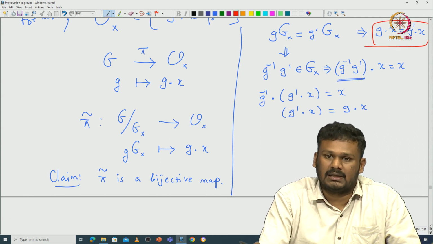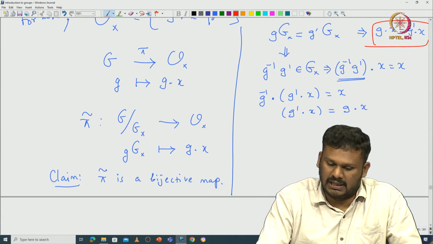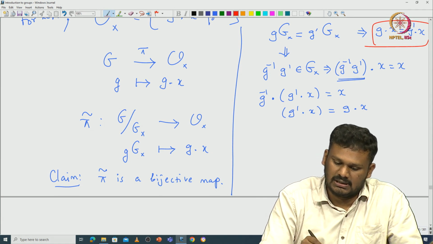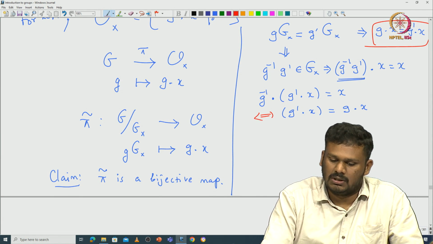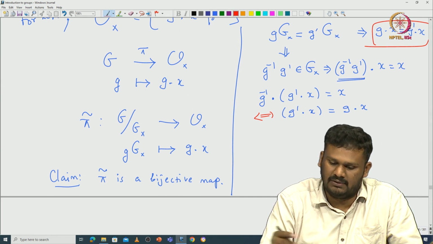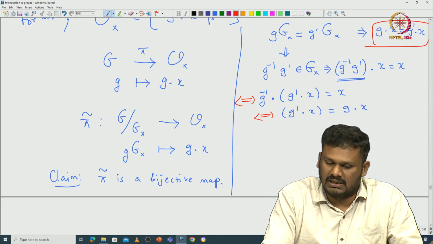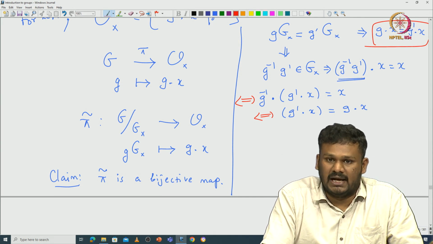So g dot x equal to g' dot x. This can be traced back, so this is an if and only if. By applying the map tau g inverse on both sides, we get this. Now this is if and only if g inverse g' fixes the element x.